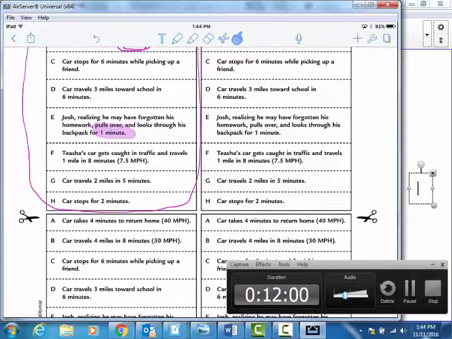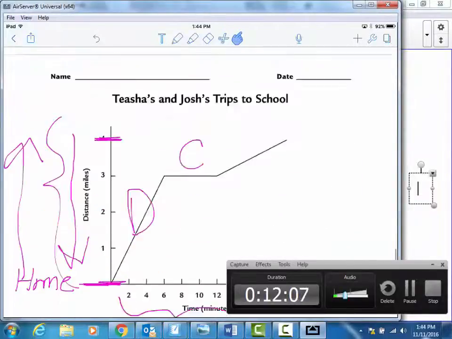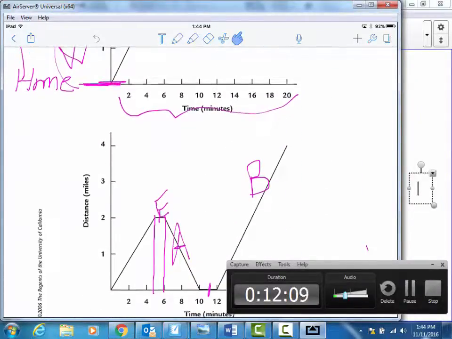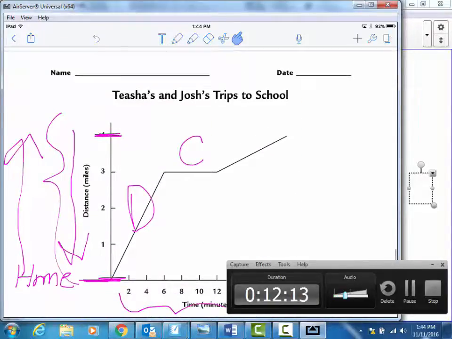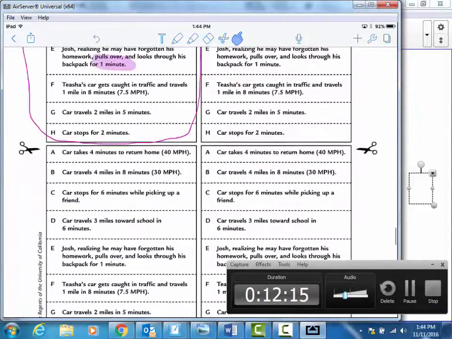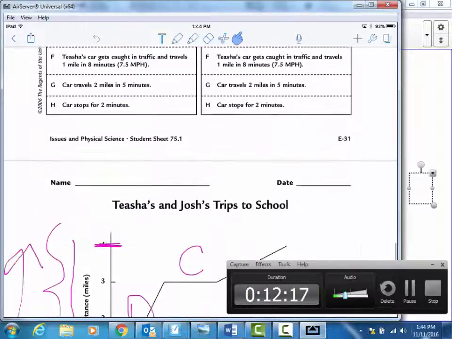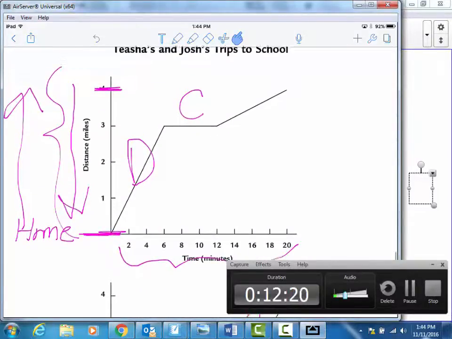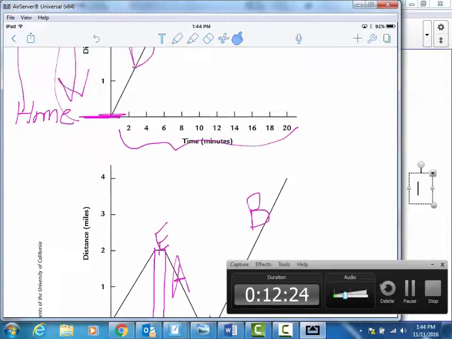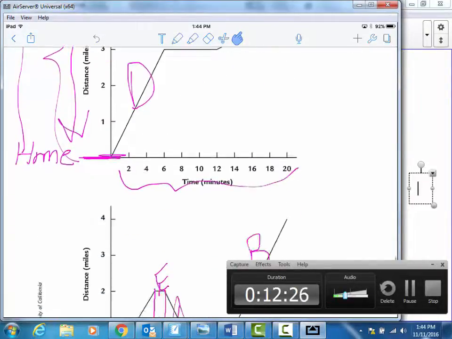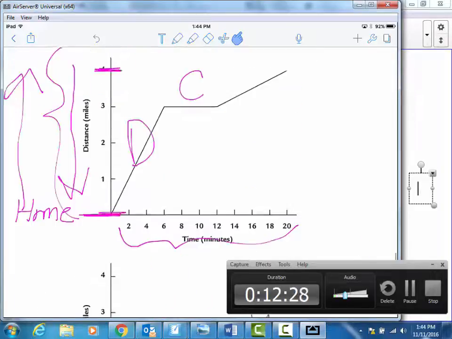Tisha gets caught in traffic and travels 1 mile in 8 minutes. What's the key? I'm looking for a line that shows a person travels how much? Travels 1 mile. 1 mile in 8 minutes. So if we look at these, which one of these shows a person just traveling 1 mile? First graph or second graph? First graph.